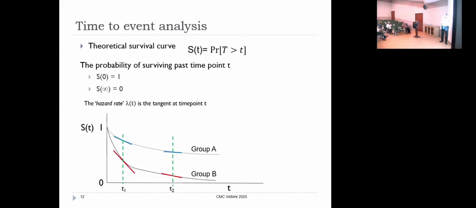These hazards look pretty similar. So the ratio is likely to be 1. Here, they don't look similar. They're not the same. So the hazard rate ratio here is different than the hazard rate ratio here, right? Visually. Well, that's not good for proportional hazards.